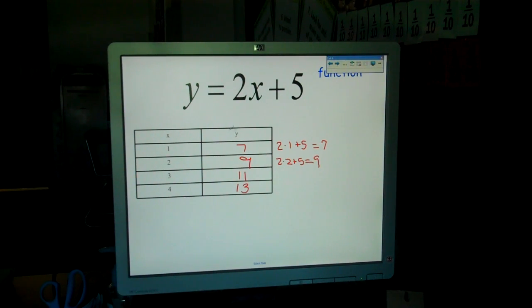This is our function table. Within our function table, we already have key vocabulary words. We have x and we have y. Our x column is also known as our domain. Okay? And if this is our domain, then y has to be our range.